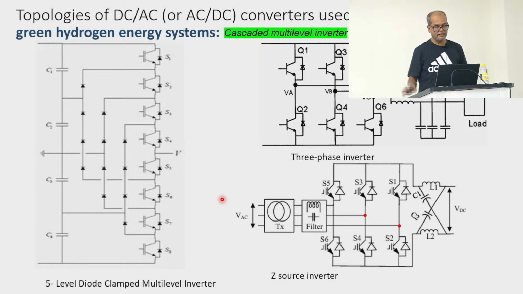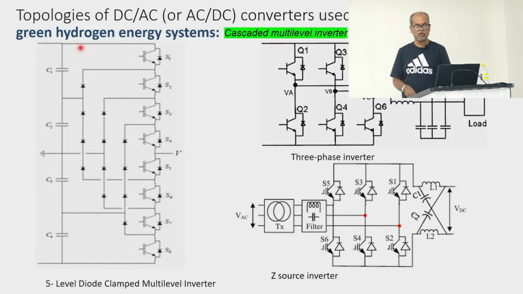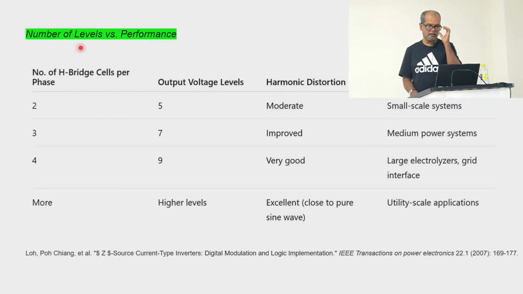So in the market, as I say, people are working on multi-level inverters. We also have 3-phase and impedance source 3-phase. There are so many topologies available in the market. But the only requirement, whatever topology you use, is that it should be a DC-DC stage and then produce a pure sine wave. That would be the best solution.